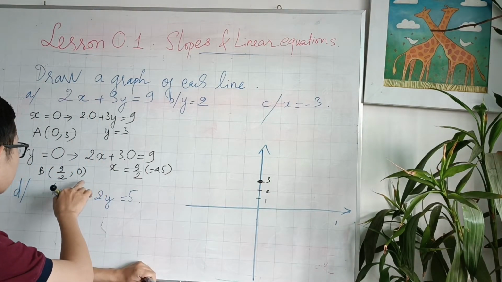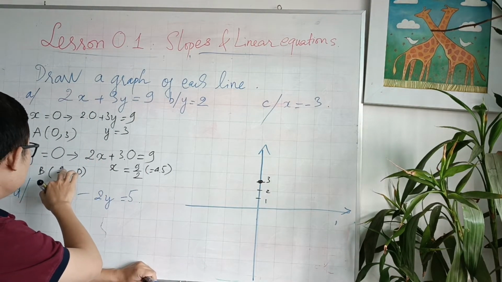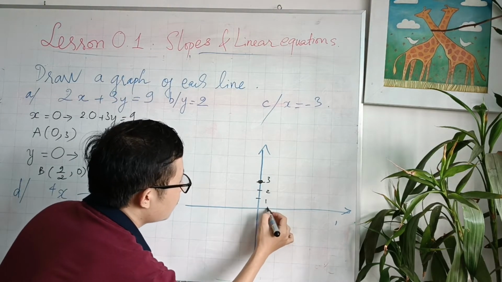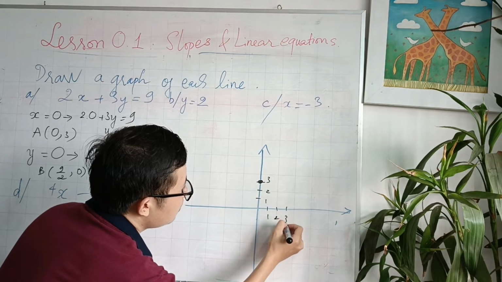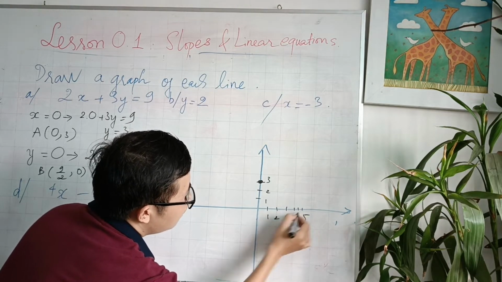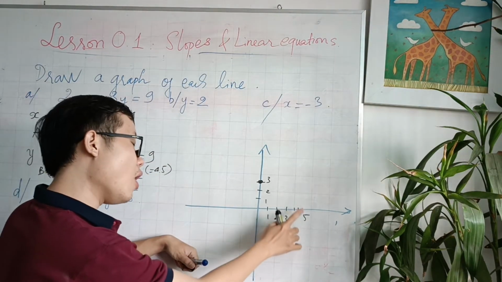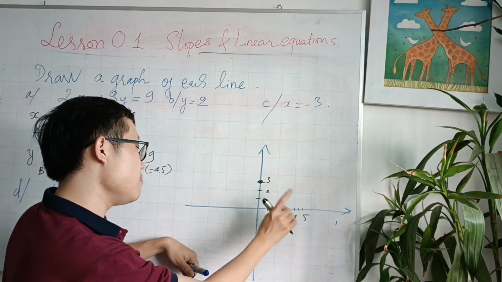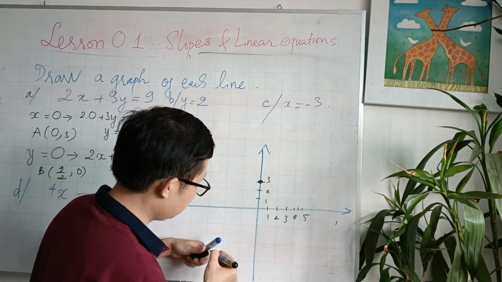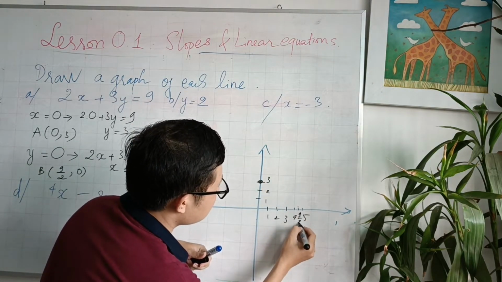And the next one, 9 over 2, is 4.5: 1, 2, 3, 4, and 5. 4.5 is the midpoint of this interval, so it's 9 over 2.